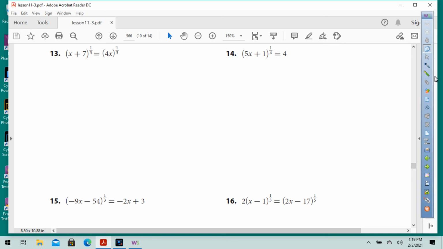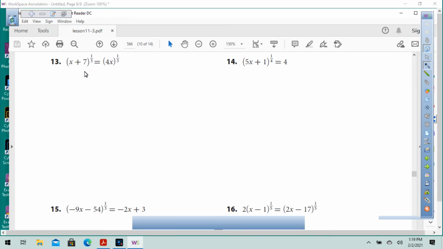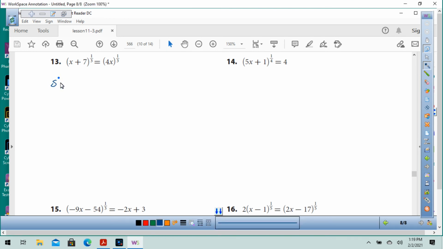I'll let y'all do 13. Show your work. Your solution is x equals 7/3.